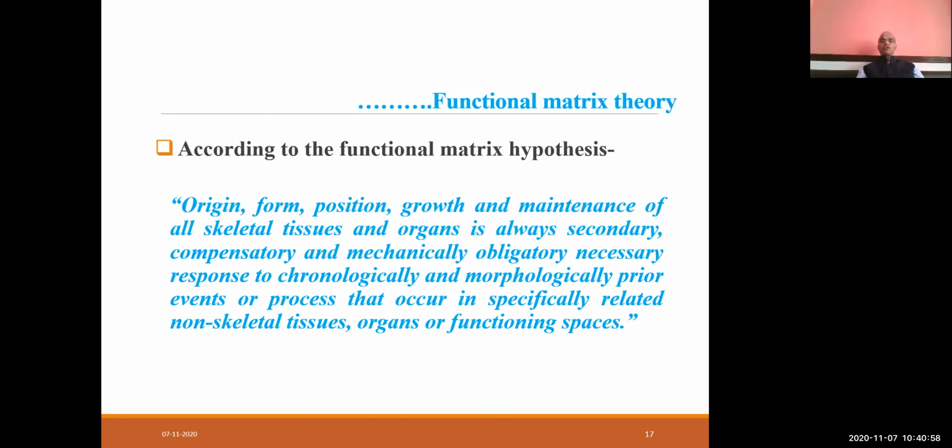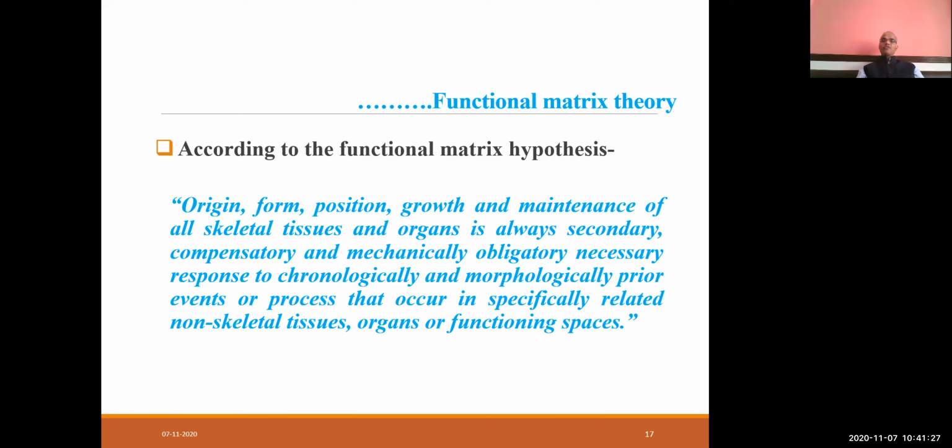According to the functional matrix hypothesis, the origin, form, position, growth, and maintenance of all skeletal tissues and organs is always secondary, compensatory, and a mechanically obligatory response to chronologically and morphologically prior events or processes that occur in specifically related non-skeletal tissue.